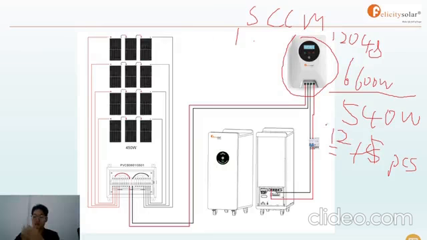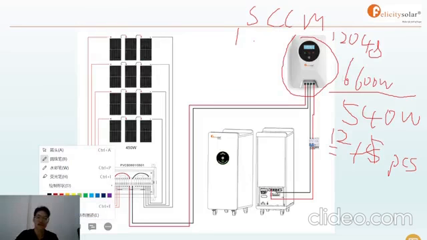Okay, let's start again. If you select our SCCM 120/48, the maximum PV input power of this machine is 6,600 watt.